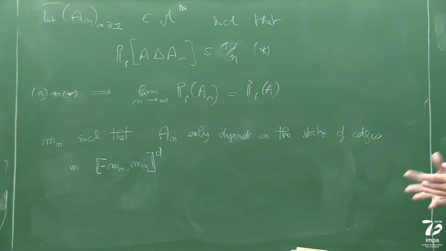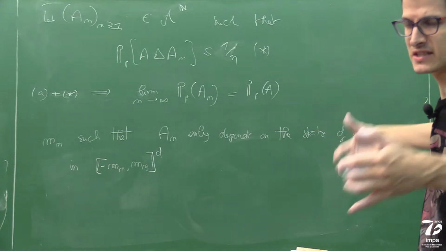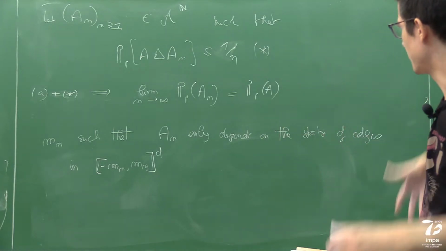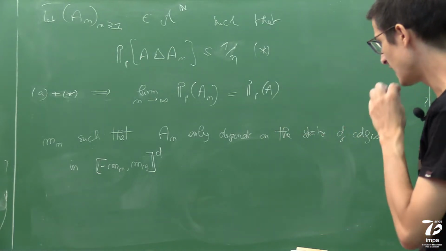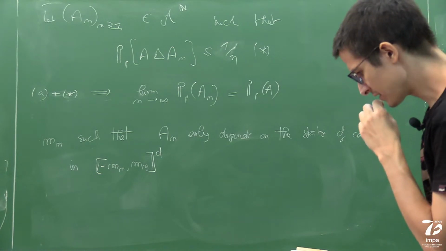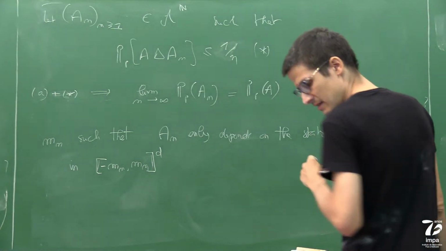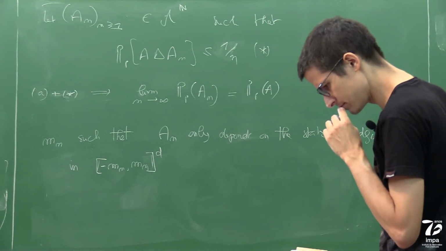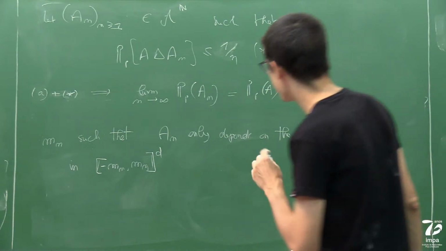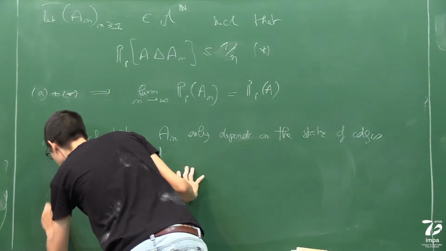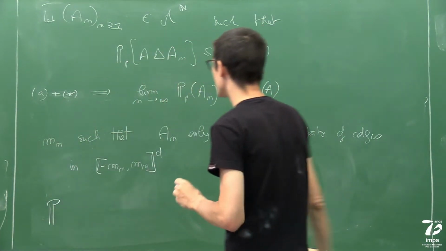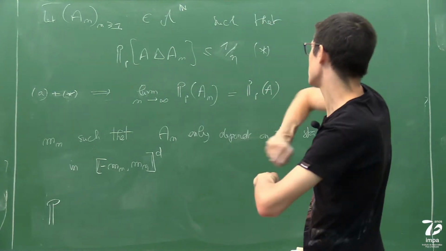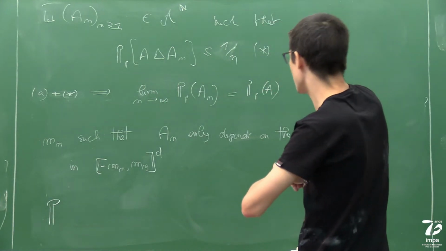This I can always do: A_n depends on finitely many edges, so if I take M_n large enough, it will depend on the finite box. And now what I know is that A_n is going to be independent of a sufficiently translated version of it.